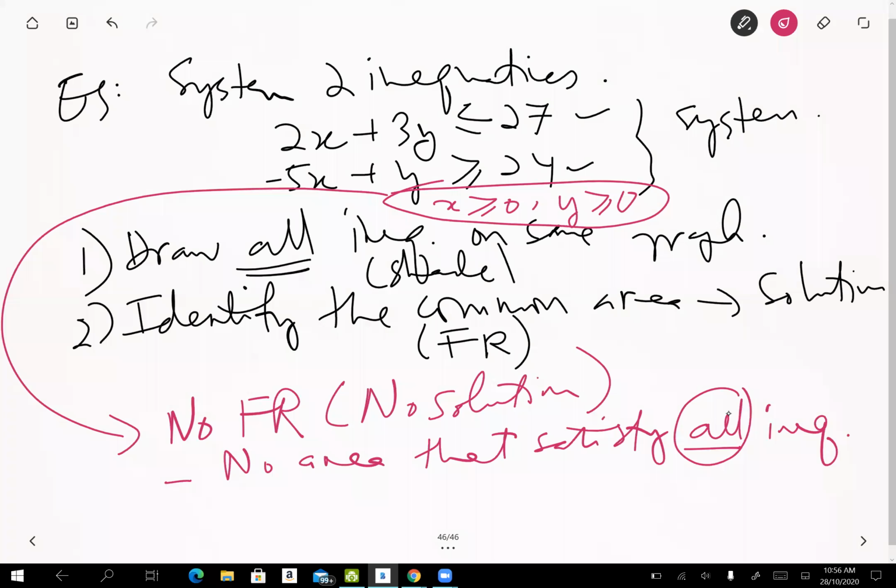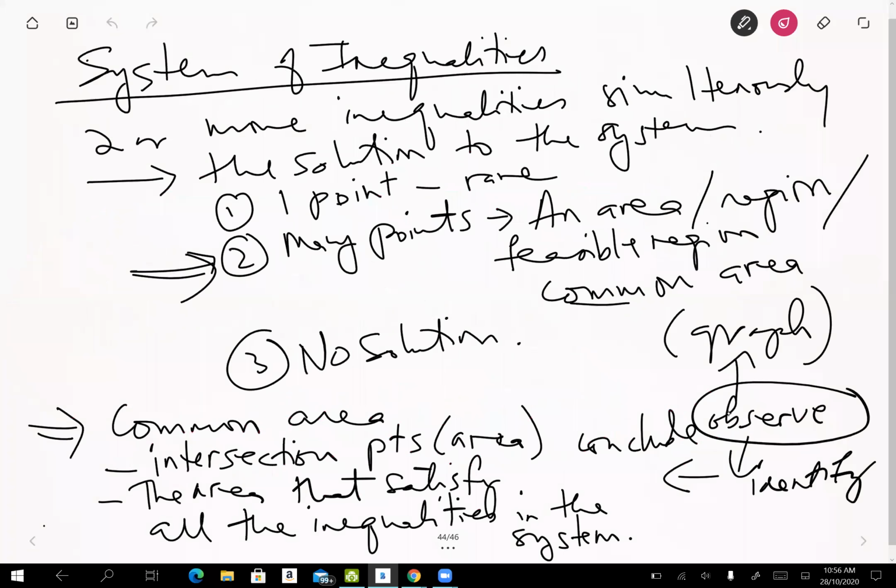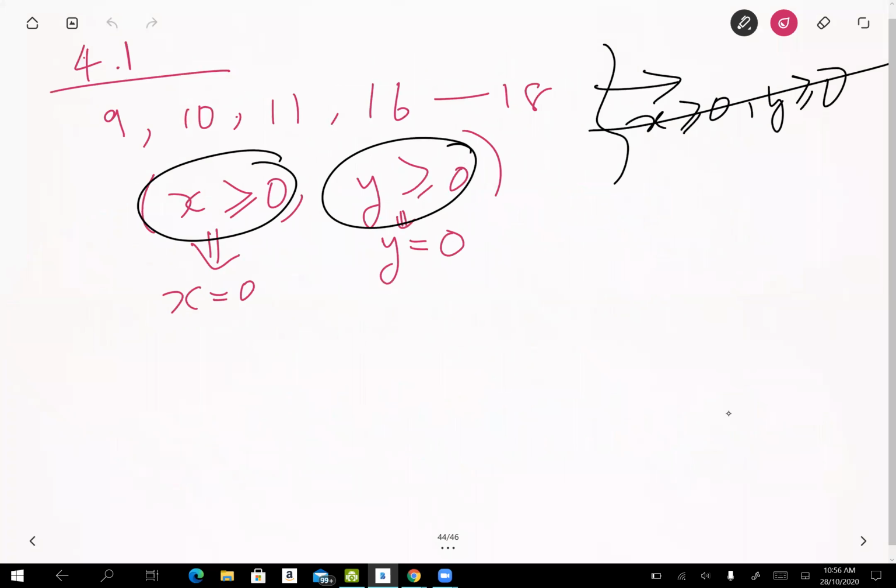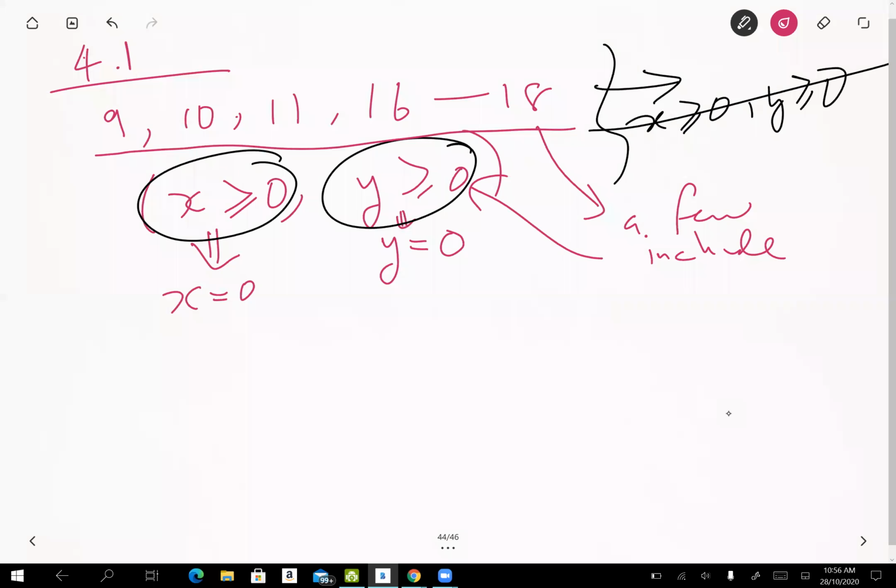So what I would like you to do, at your discretion, for the questions that I give you here, at least a few, include this, so that it can be a good exercise. Because actually we are going to come up with x bigger equal to 0, y bigger equal to 0 in application, but not now.